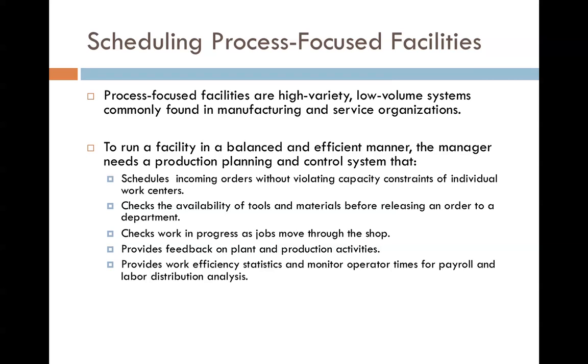To run a facility in a balanced and efficient manner, the manager needs a production planning and control system that schedules incoming orders without violating capacity constraints of individual work centers, checks the availability of tools and materials before releasing an order to a department, checks work in progress as jobs move through the shop, provides feedback on plant and production activities, and provides work efficiency statistics and monitors operator times for payroll and labor distribution analysis.